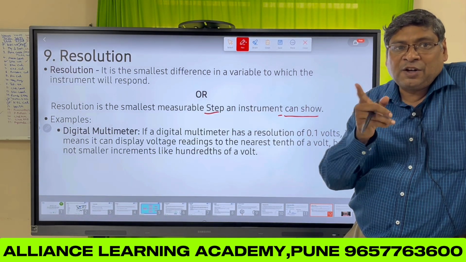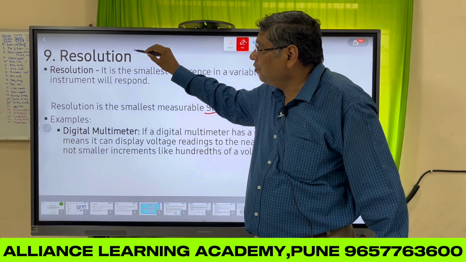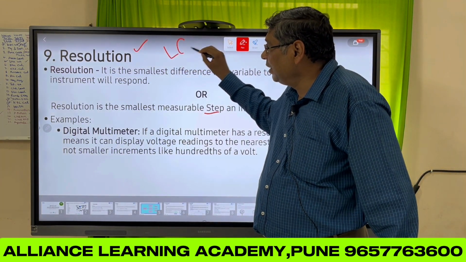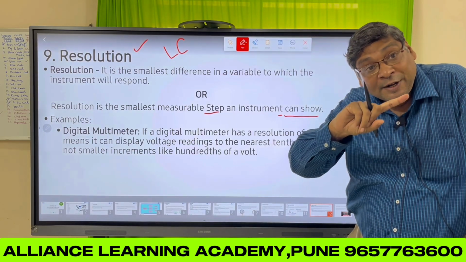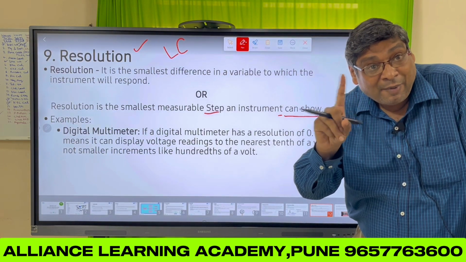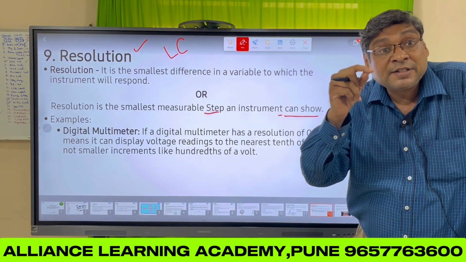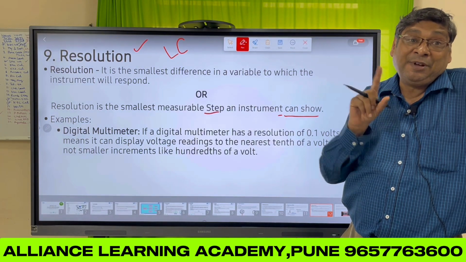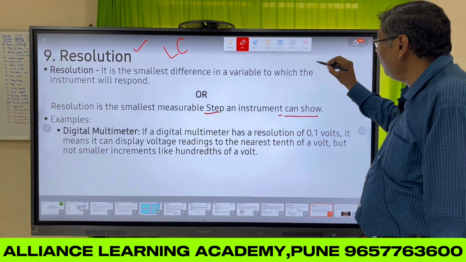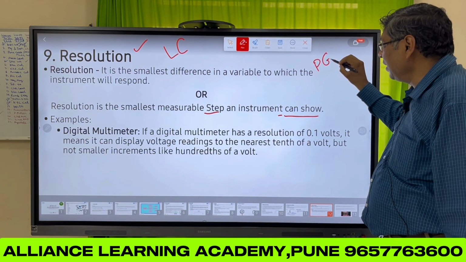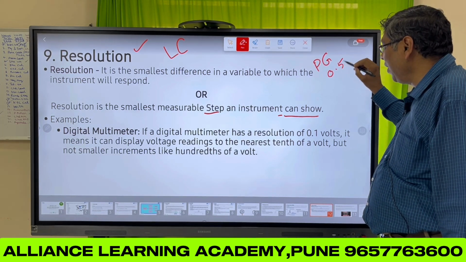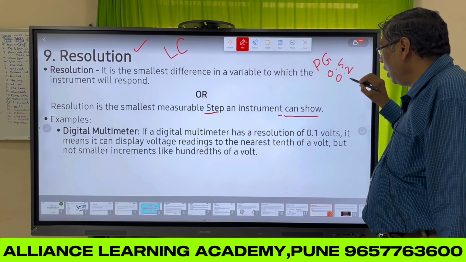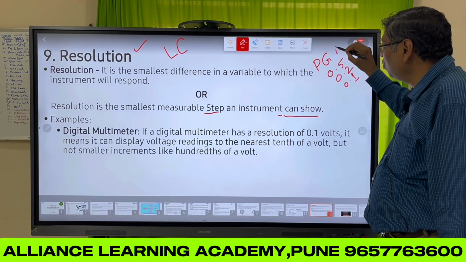Now don't confuse resolution with least count. What is least count? It is what a particular instrument can measure. Here, if I have a pressure gauge, the pressure gauge can have a least count of 0.5 or 0.2 or 0.1 or 1 also.